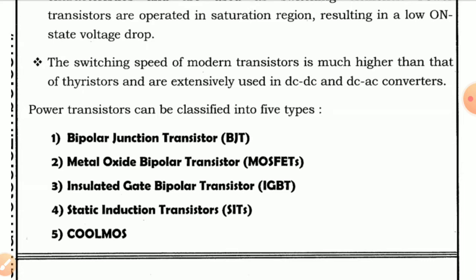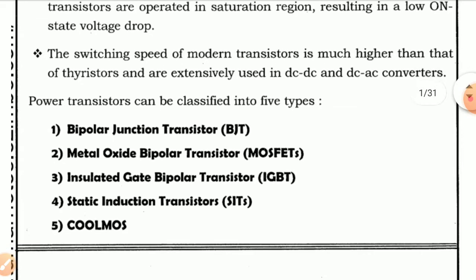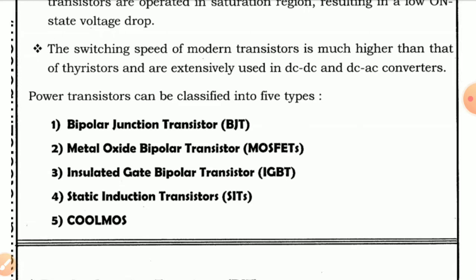The second is MOSFET, the metal oxide semiconductor field effect transistor. Then we have IGBTs, that is insulated gate bipolar junction transistors. Then SITs, that is static induction transistors, and then CoolMOS. So these are the different classifications of the power transistors.